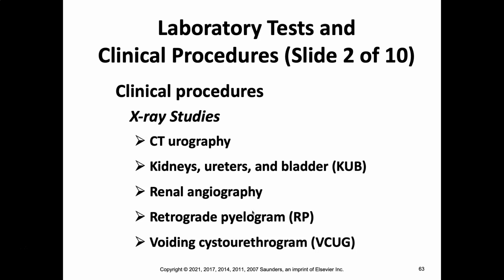As you can see here, it ranges from x-ray studies to CTs to angiography. Obviously, some things are using contrast to take a look at how things are flowing. You have voiding, where they're watching actually how your bladder is voiding, how it's working.